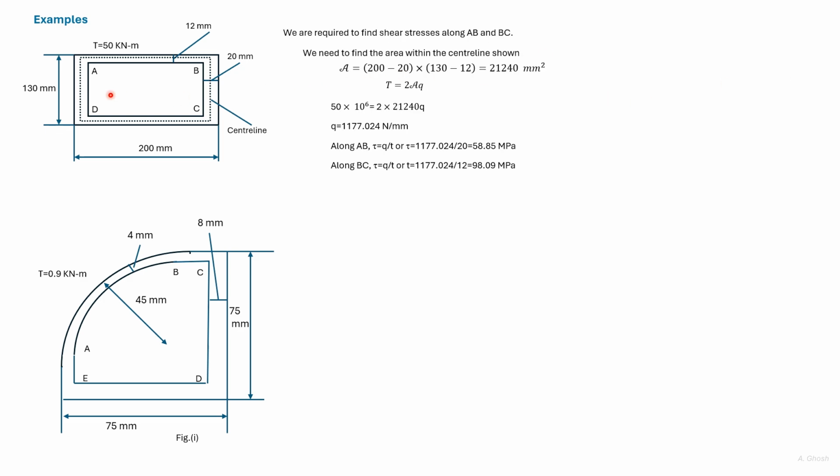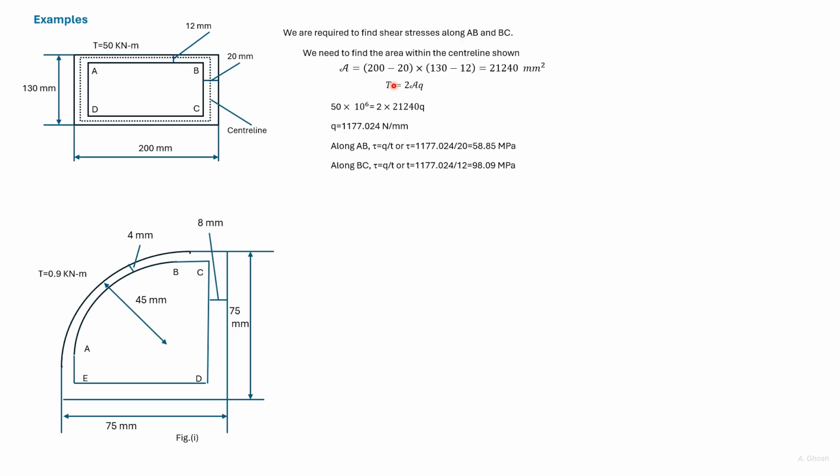So the horizontal dimension is given as the total width of the section minus the thickness. Similarly, the vertical dimension of the center line will be given as the total vertical dimension of the section minus the thickness. So we multiply those to get the area within the center line.